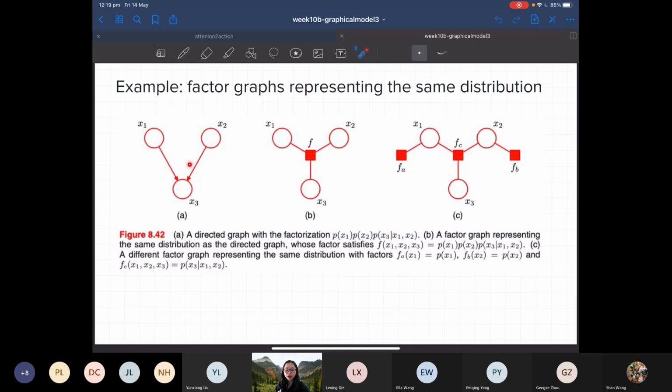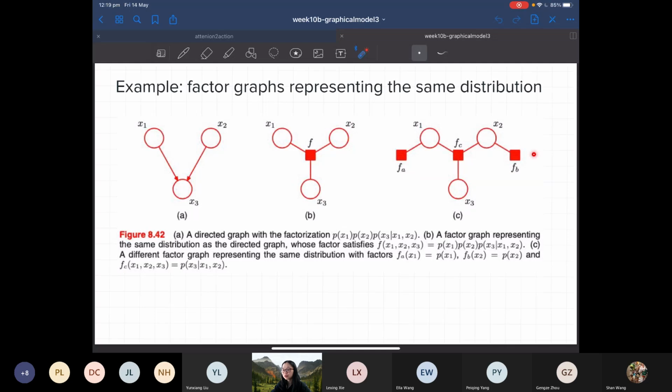Similarly, if we have, let's say, this head-to-head pattern in Bayes nets, we can use the same factor graph as last page to represent this joint distribution structure, or we can write up a different factor graph that has the joint term and also a term for x1 and a term for x2.